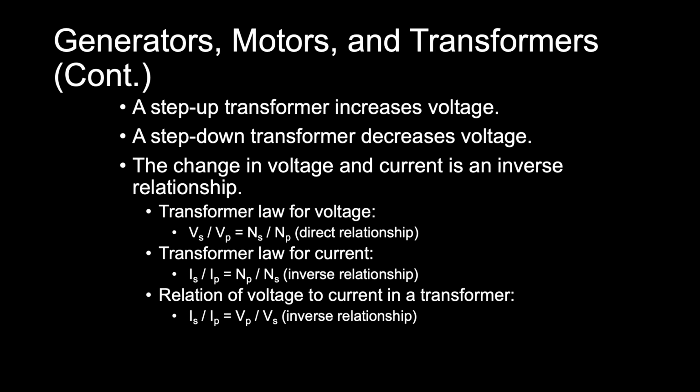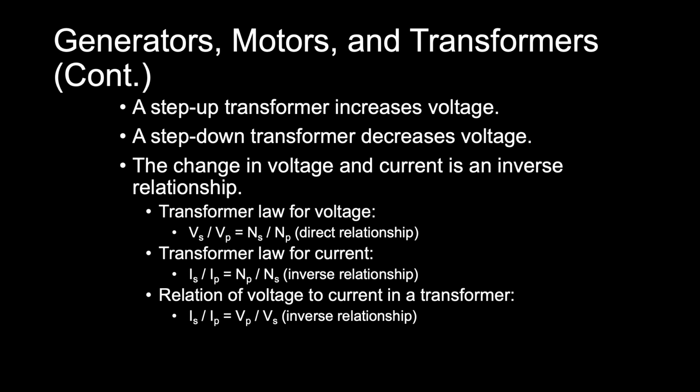So that is the voltage of the secondary coil divided by the voltage of the primary coil equals the secondary coil number of turns divided by the primary coil number of turns. And this is a direct relationship.